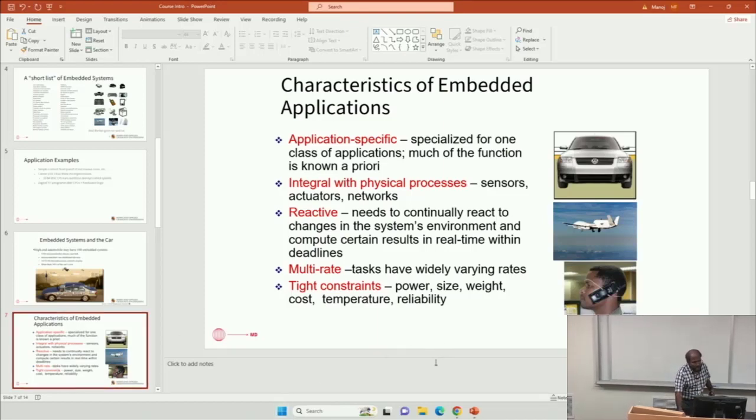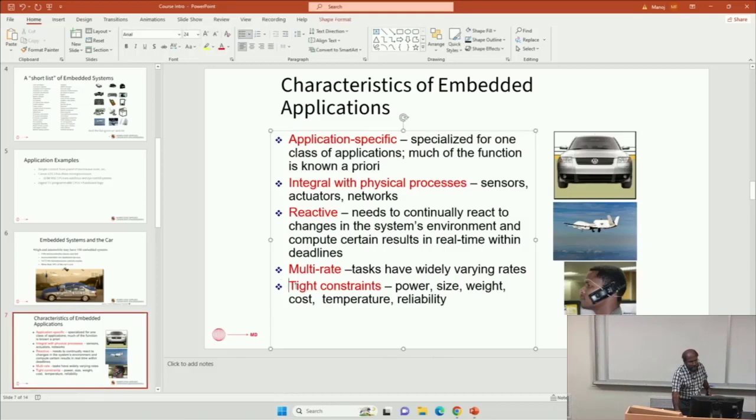Another thing is there are tight constraints when designing an embedded system. Unlike a general purpose system, most of these are operating from a battery, so you need to conserve energy, but you need good performance, and you need it to be small, like a digital camera or an Internet of Things sensor.